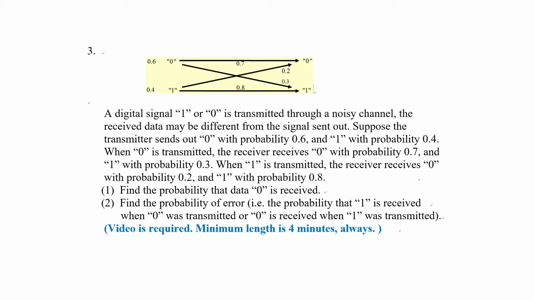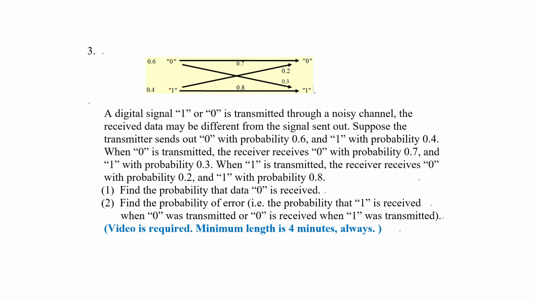The second circumstance of data 0 is received is an error, which means when 1 is transmitted and mistakenly the receiver finally received 0. So we've already calculated the probability of this circumstance, so we need to discuss the other circumstance of the second question, which is when 0 was transmitted and 1 is received.